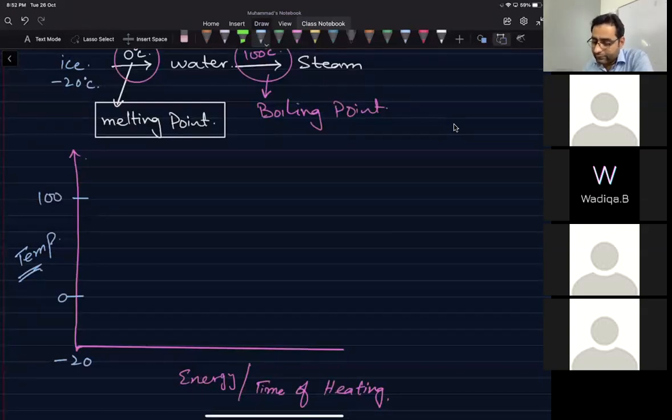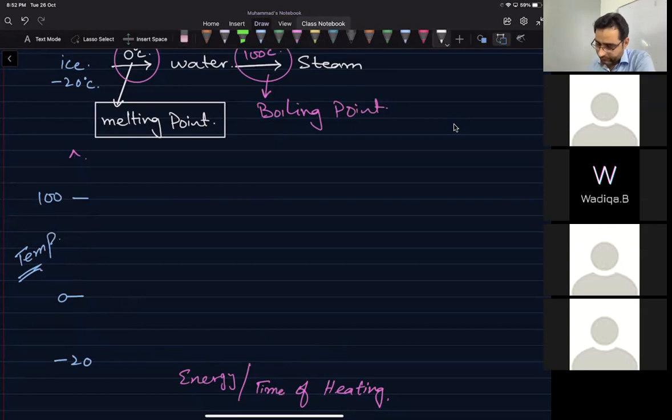When you heat up, the temperature of this ice will increase. And when the temperature comes to 0 degrees C, it will be constant.